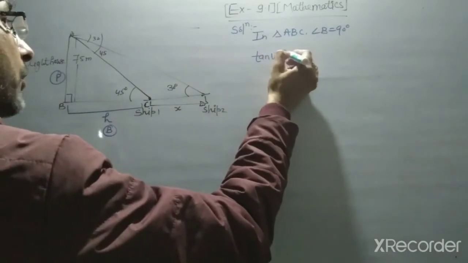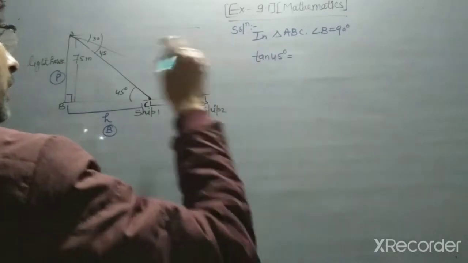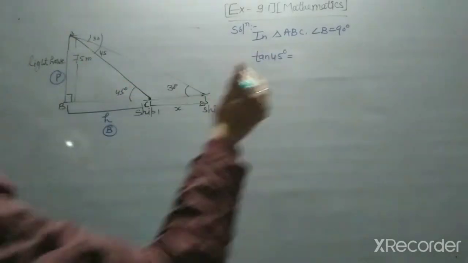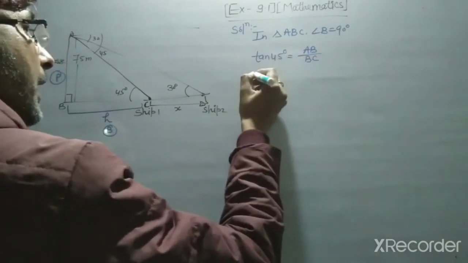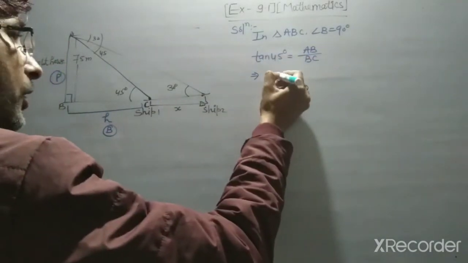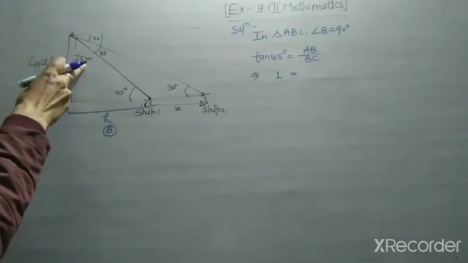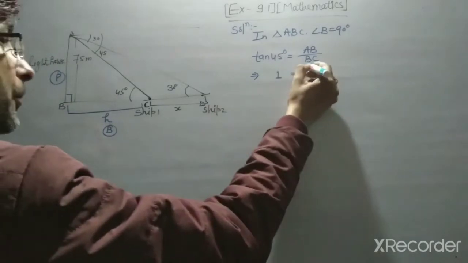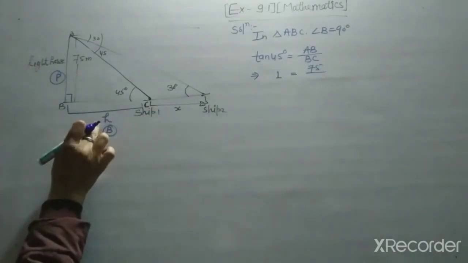So theta value is 45, and then what we have to write here is tan 45 equal to AB upon BC. And then what is the value of tan 45? You very well know this value is 1, and then the value of AB is 75, so we have to write here 75 upon the value of BC, that value is h.